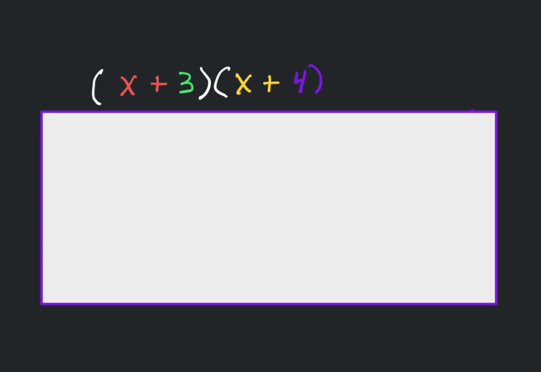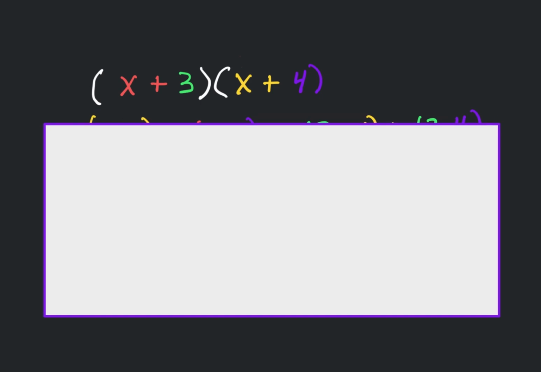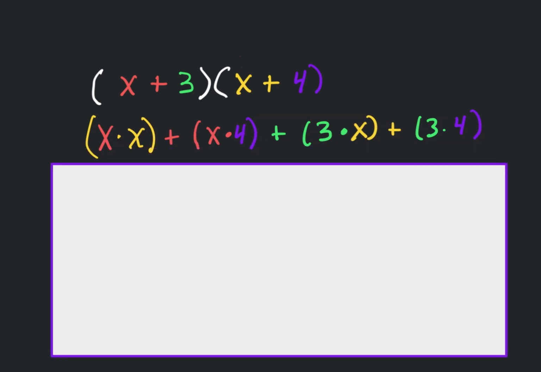So let's say we have something like x plus 3 times x plus 4. Okay, so those are our two binomials. We filled them in, no more a's, b's, c's, and d's. So the property that we just talked about says that we take the first times the first.